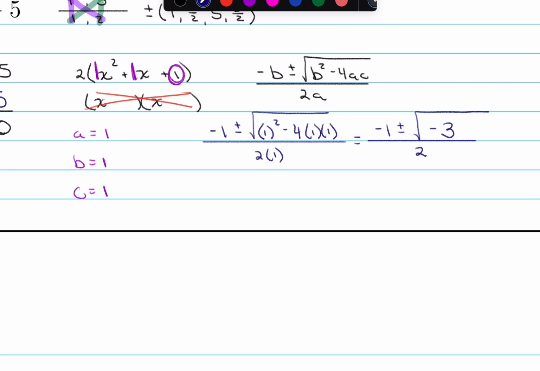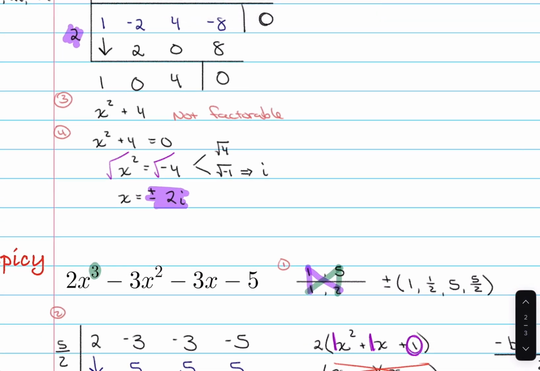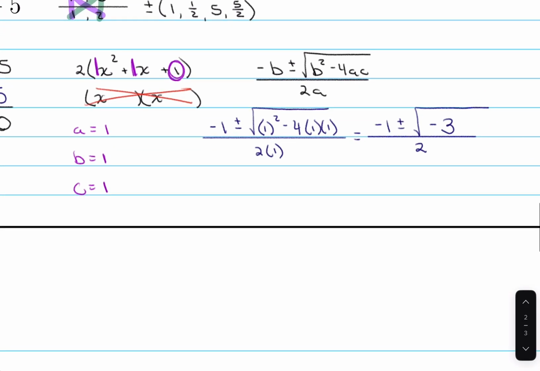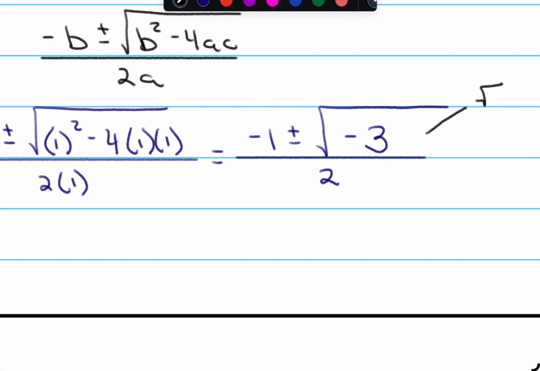I can't do anything more with this really, except I can simplify. We don't like to see that negative under the radical, so we can take it out, much like we did up here, where we did the square root of 4 and then the square root of -1. We're going to do the same thing with this guy. I am going to do the square root of 3 and the square root of -1. The square root of 3 is irrational, so we're going to leave that part alone.